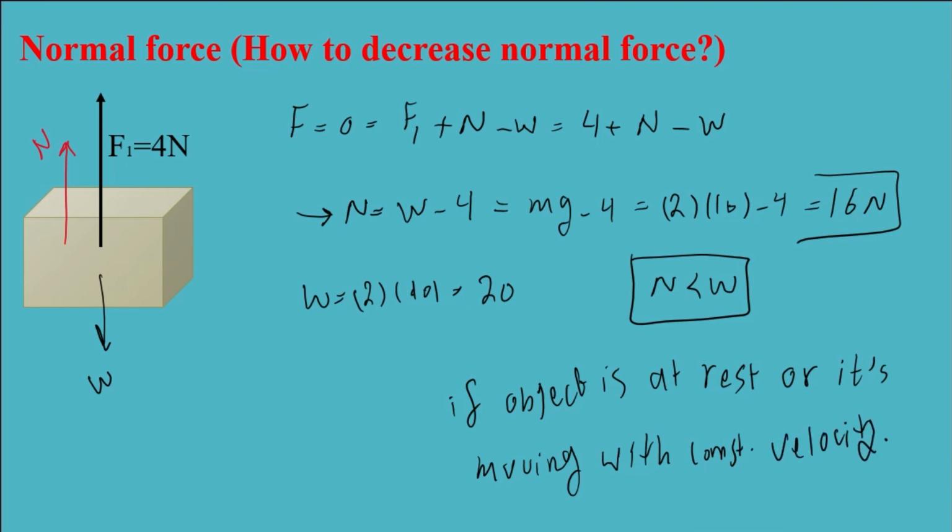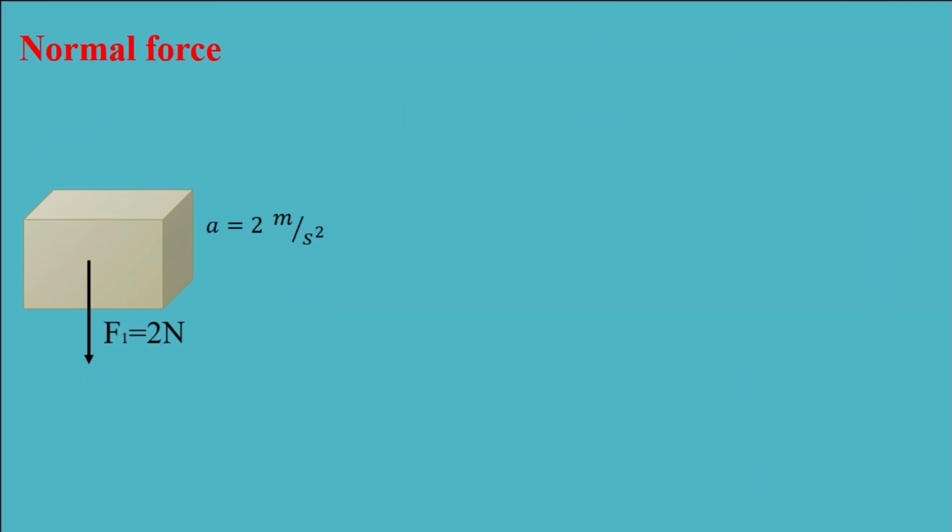Now let's consider the example where the box has acceleration. Let me go back to the second example. In the second example, the force applied to the box gives the box an acceleration of 2 meters per second squared. Now I'm going to find the normal force. Again, my normal force is going to be upward, so that's my N. My weight W is going to be downward, and now I'm going to write down Newton's second law.